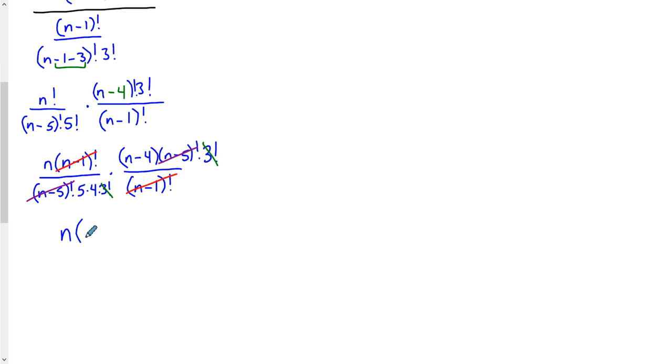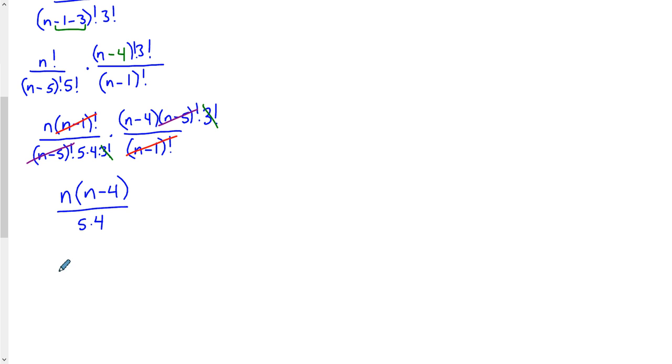So we would be left with an n subtract 4, and a 5 times 4. To further simplify, it's going to be really nice. n times n subtract 4 is just n squared subtract 4n. And 5 times 4 is 20. So that's everything that we have there, and that is as simplified as that one's going to get.